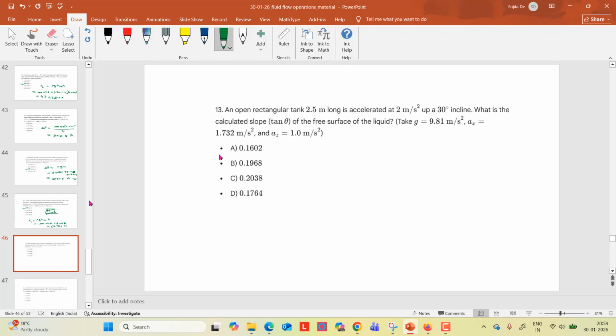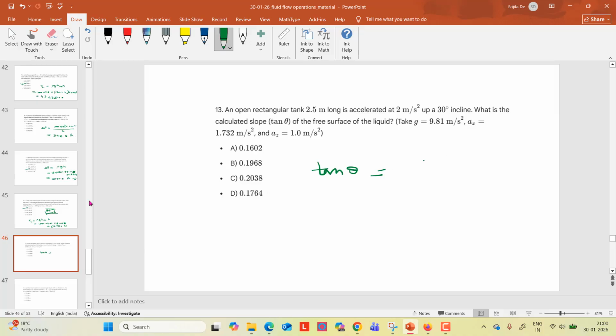An open rectangular tank 2.5 meter long is accelerated at 2 meter per second square up a 30-degree incline. What is the calculated slope tan theta of the free surface of the liquid? So tan theta is vertical by horizontal.